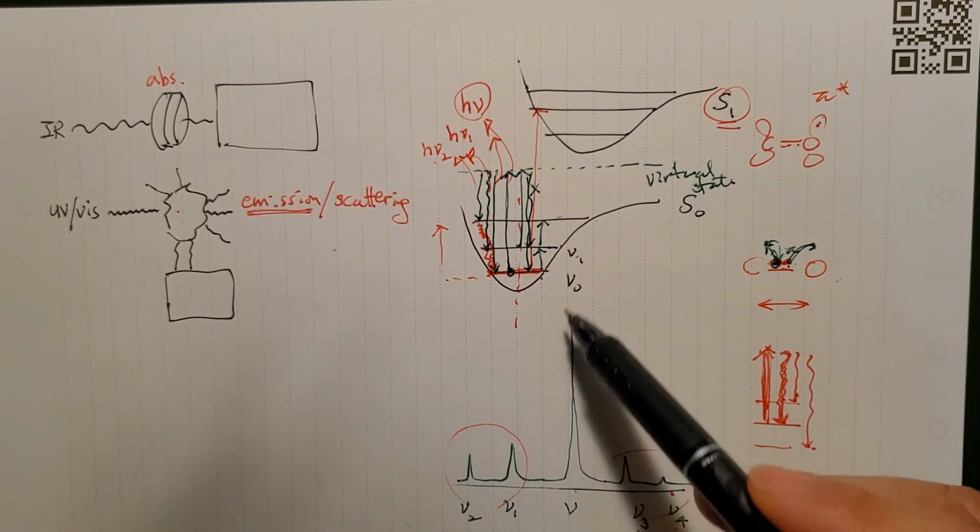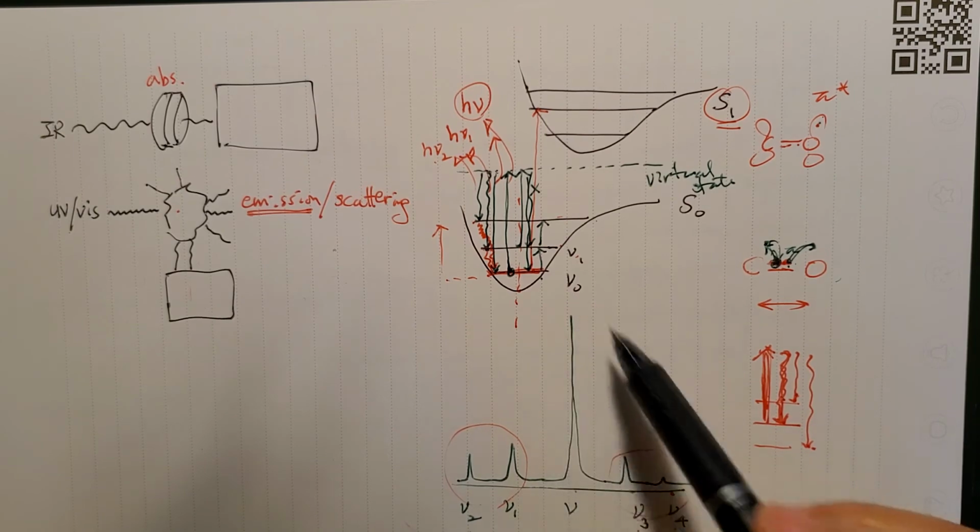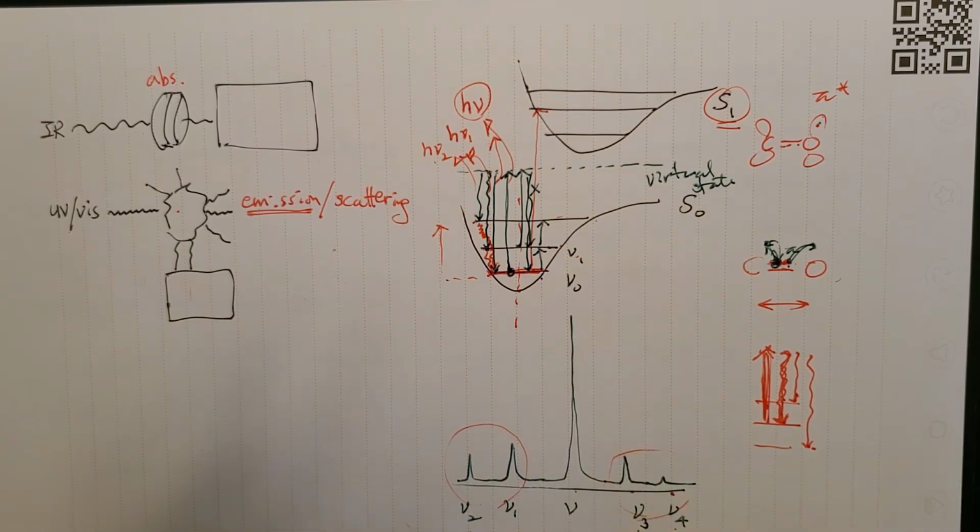So we call this Rayleigh scattering, and this is Stokes, the one that has less energy frequency, right? Those are the ones coming down to the higher vibronic state compared to the original one, and the anti-Stokes is the one that comes down to a more stable one, so it's emitting a photon that has more energy.